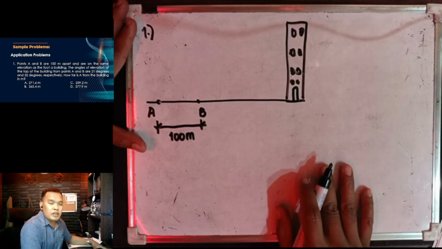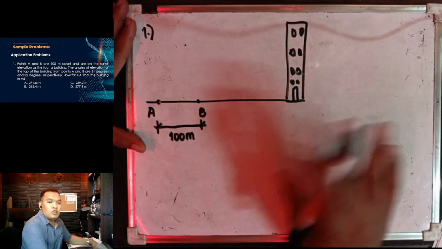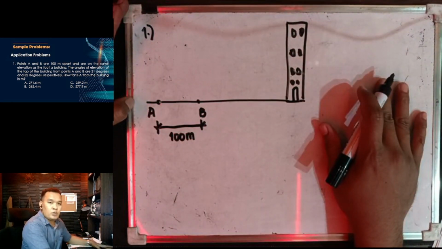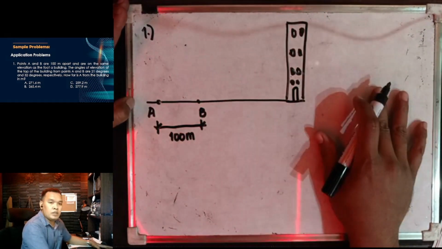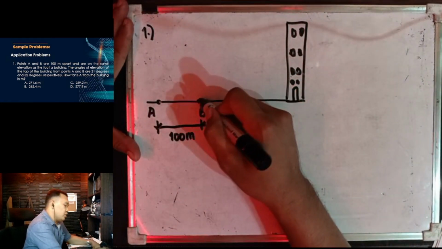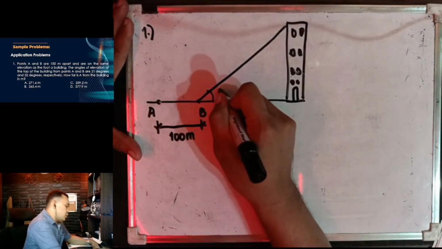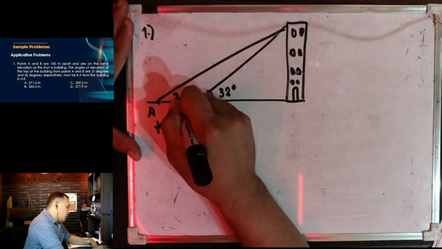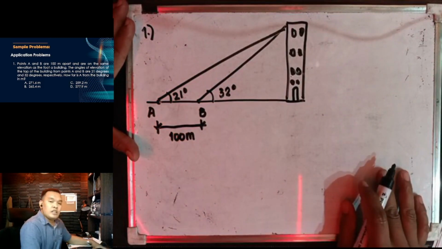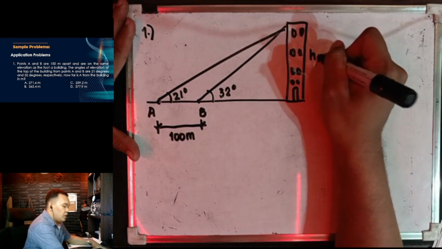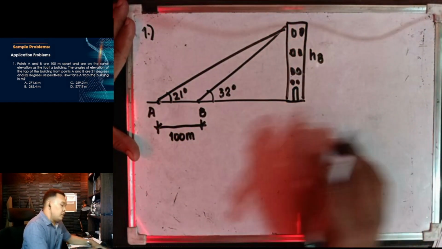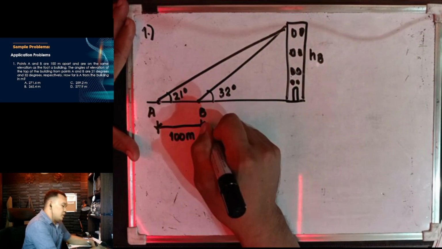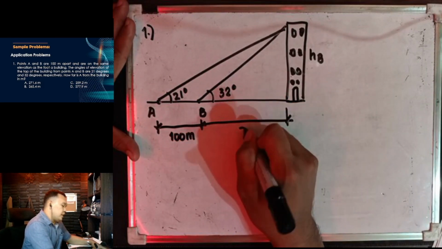The angle of elevation from point A to the top of the building is 21 degrees and point B to top of the building is 32 degrees. This one is 32 degrees and this one is 21 degrees. Then we could see this as the height of the building. Then from point B to building, pwede natin sabihin ito si X.